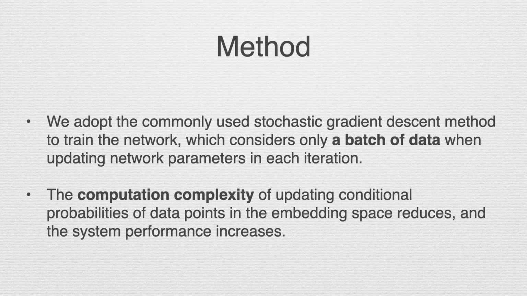Fortunately, the independent and identically distributed assumption enables neural networks to be trained using the stochastic gradient descent method, where in each iteration, only a small amount of data are used to update network parameters. Let B be the batch size. The complexity is then reduced from big O n squared to big O b squared in each iteration.